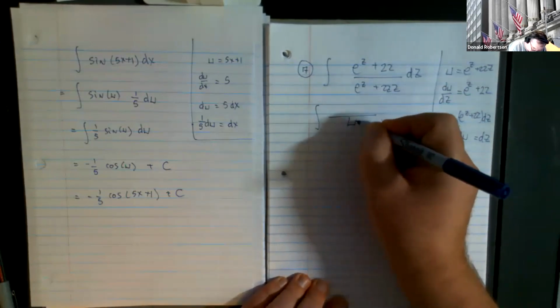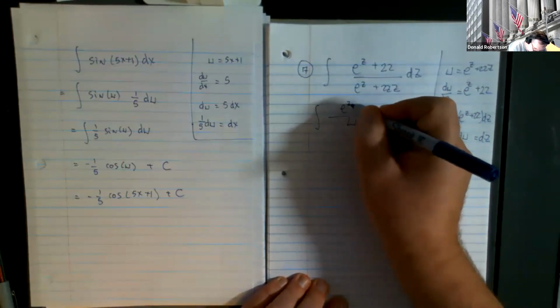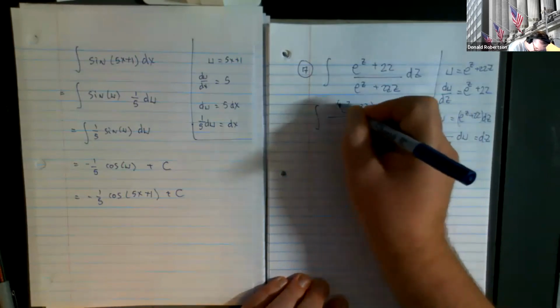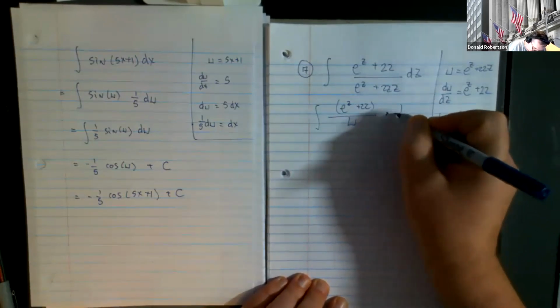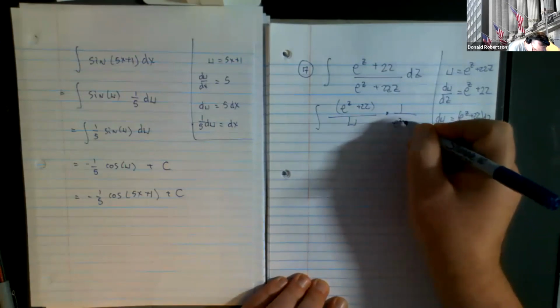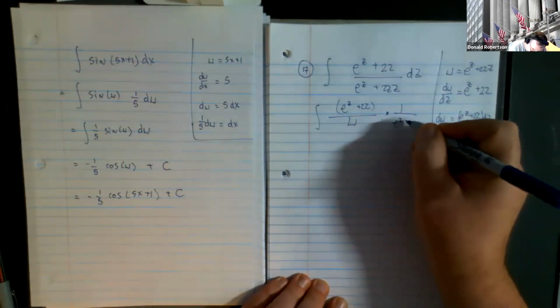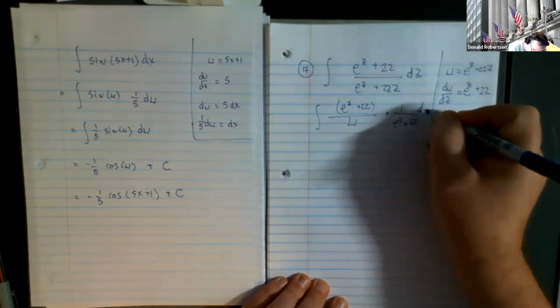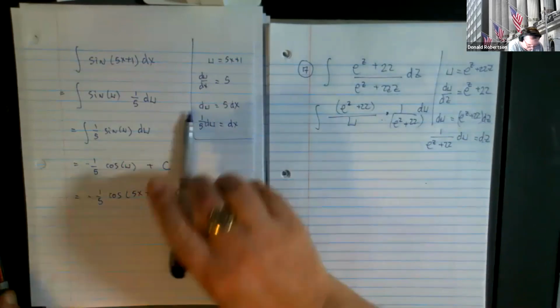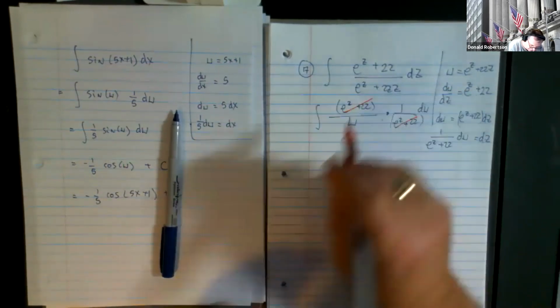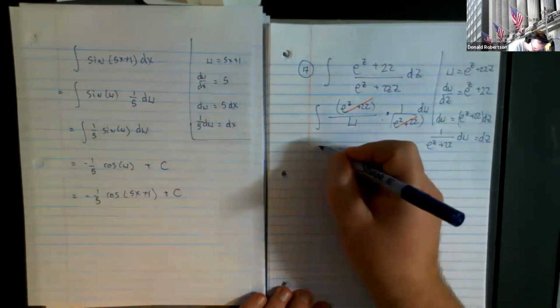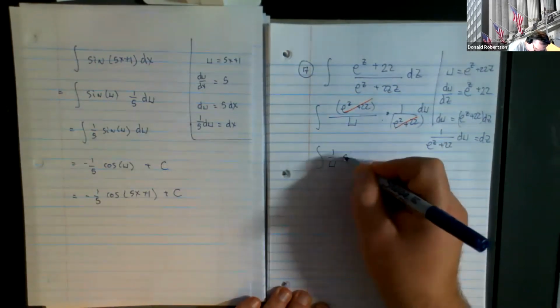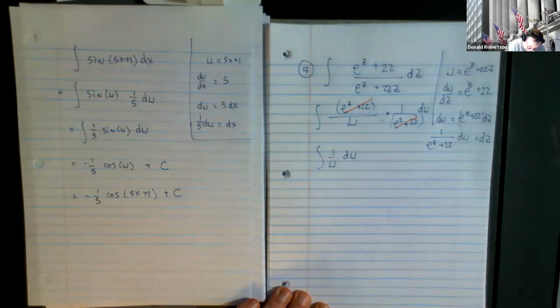on the bottom, u. Right now, the top looks like that. The dz looks like that. The typical cancel. And that's what we get.